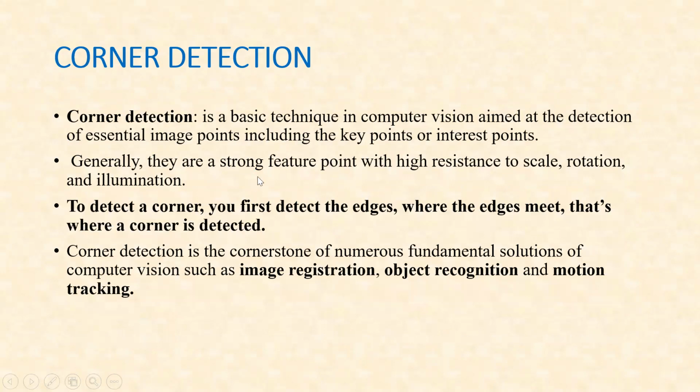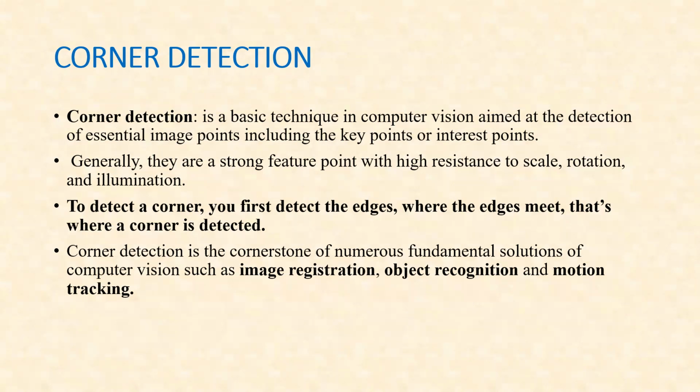So how do we detect corners in an image? A corner, as I've said, is detected when two or more edges meet.